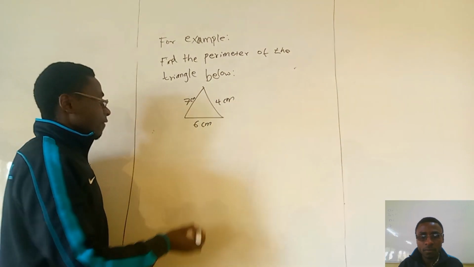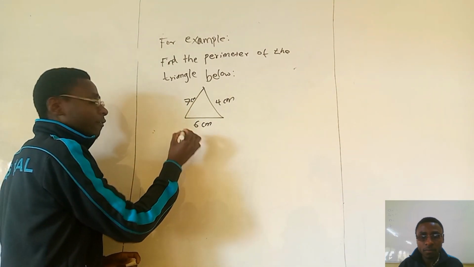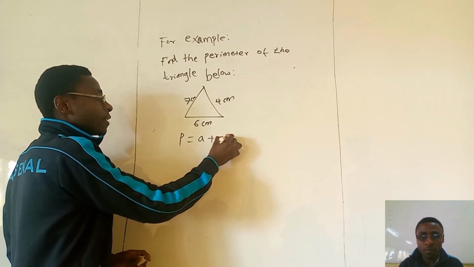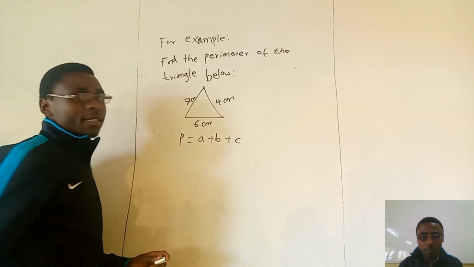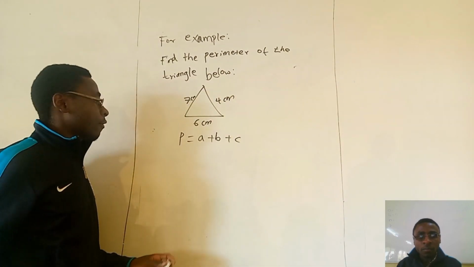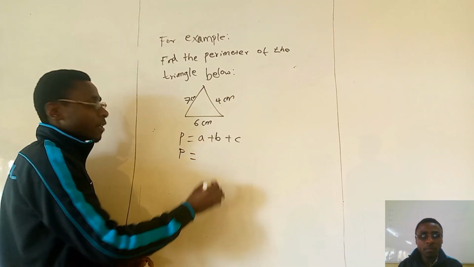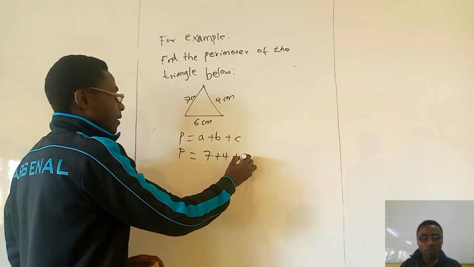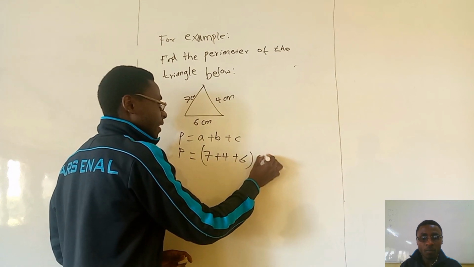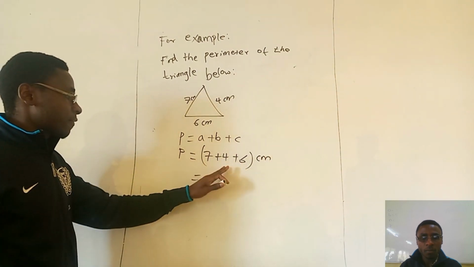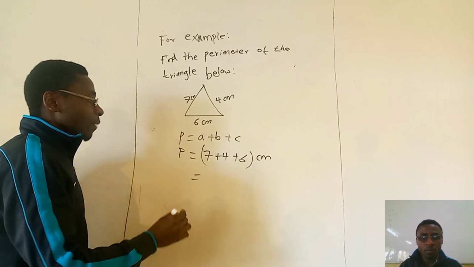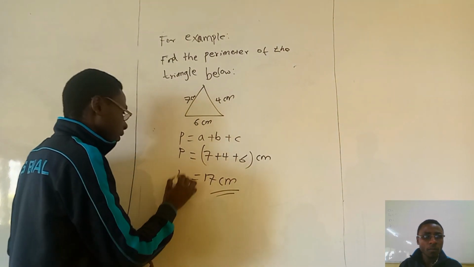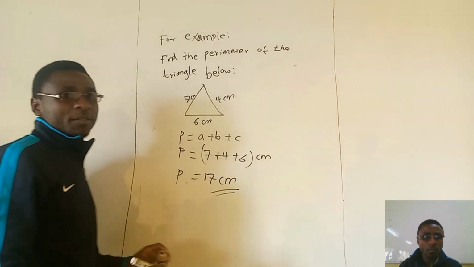To get the perimeter of this triangle, the formula is perimeter equals A plus B plus C, where A, B, C are the sides of this triangle. Therefore, perimeter is equal to 7 plus 4 plus 6 centimeters. 7 plus 4 is 11, and 11 plus 6 is 17 centimeters. Therefore, our perimeter is equal to 17 centimeters.